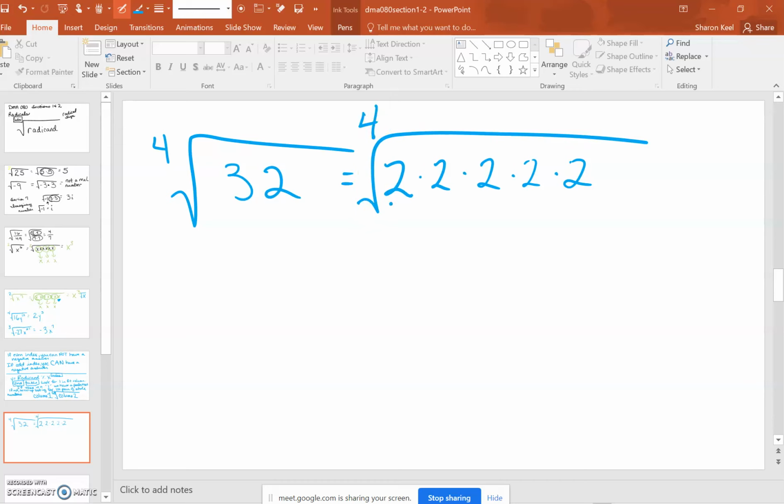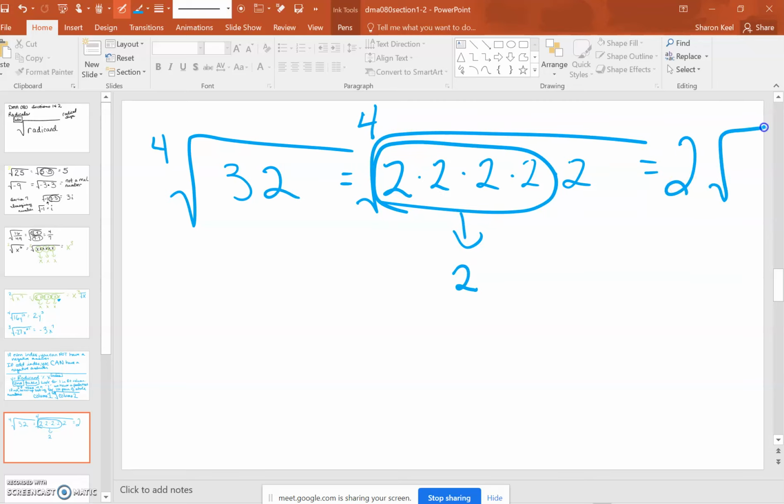So with the fourth root, it takes a group of 4 for a single 2 to come out. So the 2 comes out, but under the radical is still left that single 2.